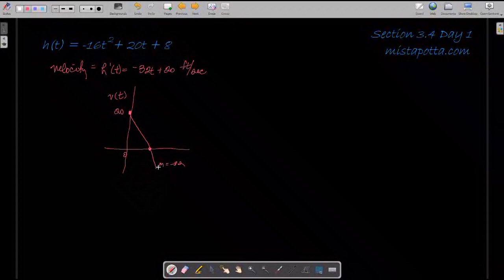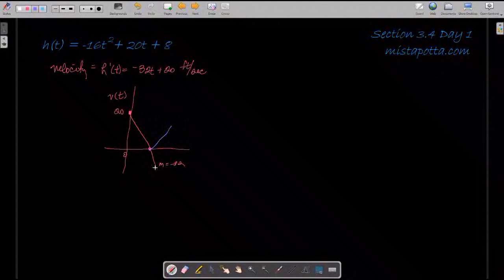But if I'm looking at this from a speed standpoint, my speed is going to be decreasing, and then my speed will be increasing.